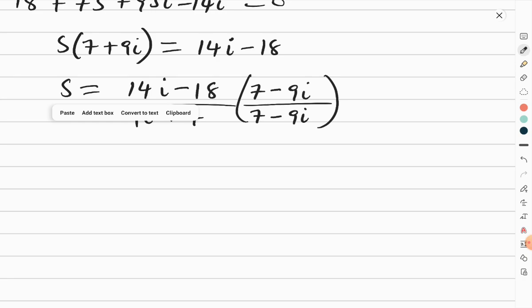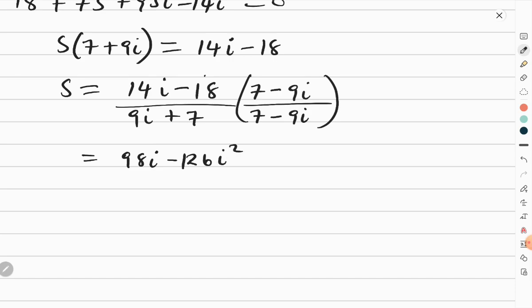Now we do the simplification. 14i times 7: 14 times 7 is equal to 98, so we have 98i. Then 14 times 9 is basically going to be negative 126i squared. Okay, we are done with that one.